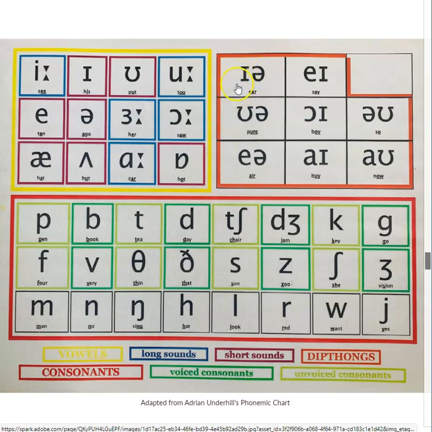So this one is ear as in ear, a as in say, ua as in pure, oi as in boy, o as in so, air as in air, I as in by, ow as in now. So these two boxes together make up the 20 vowel sounds of English.